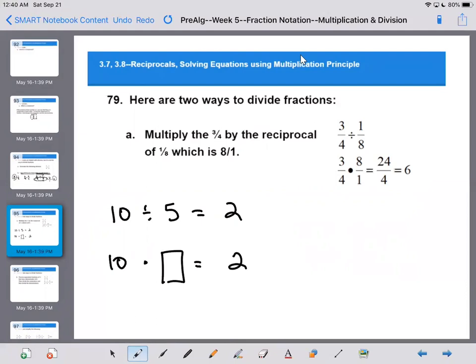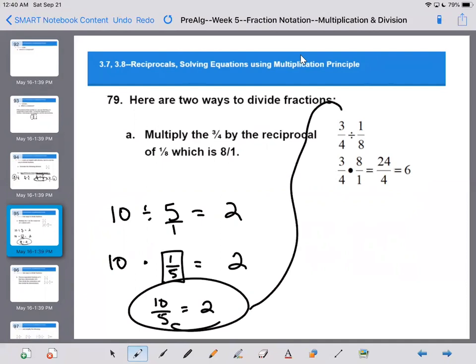So what you're going to find is that you are multiplying by the reciprocal. 10 multiplied by 1/5 is the same as 10 divided by 5, which is 2. So if you want to change from division to multiplication, you're just going to use the reciprocal as part of that process.